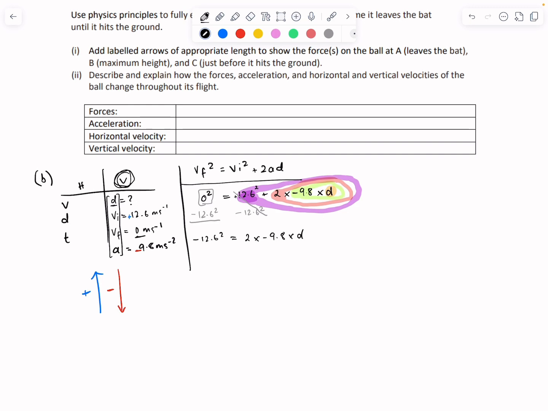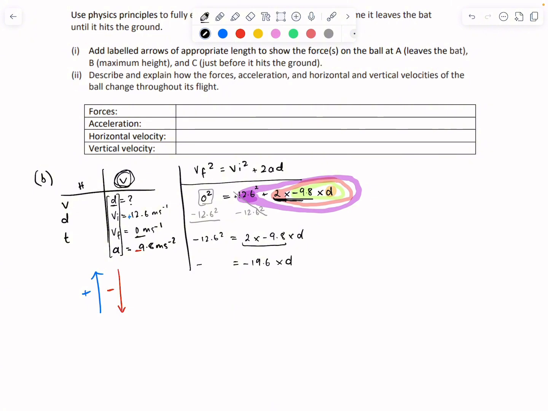Now we're up to this layer of the onion, our red layer. But as you can see, this red layer is being multiplied by this green layer, so we can simplify it. Any situation where you're multiplying things, you can squish them together and simplify this layer. Why make life more difficult? So 2 times negative 9.8 is going to be negative 19.6 times d.